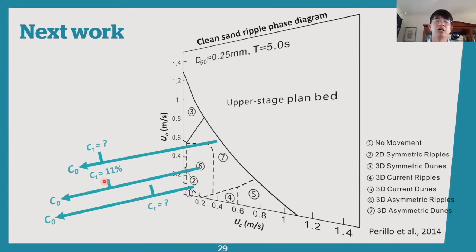But so far, we have no idea about the exact threshold values and the exact relationship between the threshold value and the different boundary layer conditions. So in our next research, we will focus on the threshold clay content.